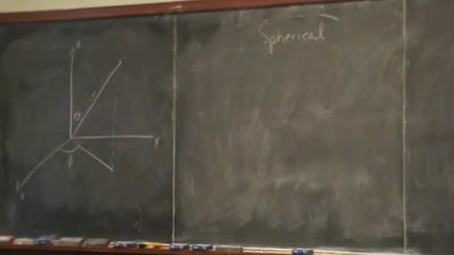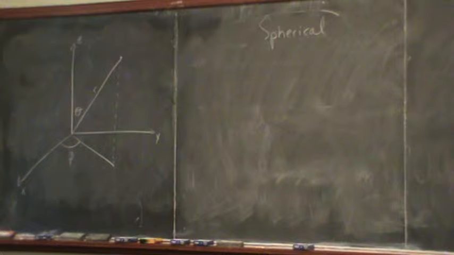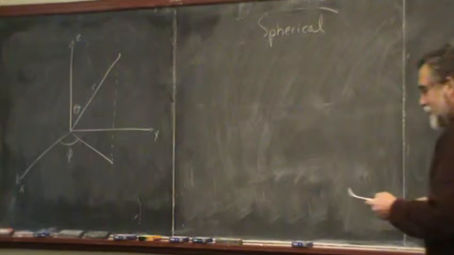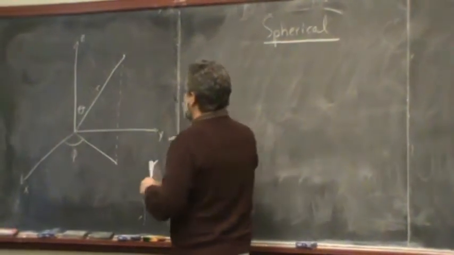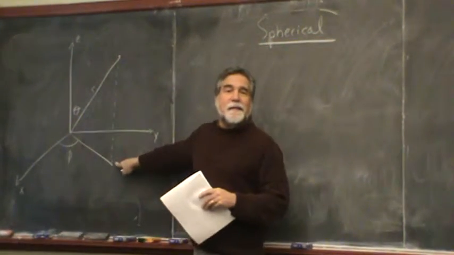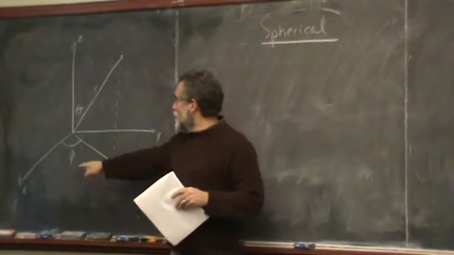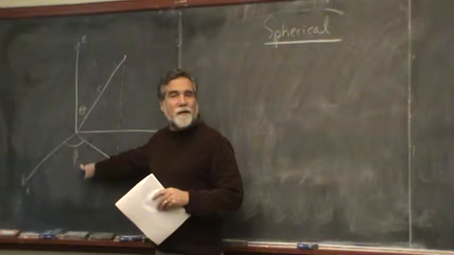The symmetry that we have to deal with next is spherical symmetry. I have put up here the variables that I'm going to use. It's phi. I used phi last time, I use phi again.